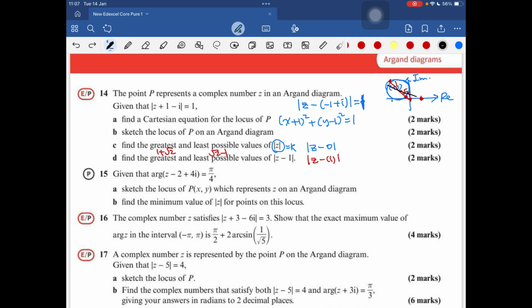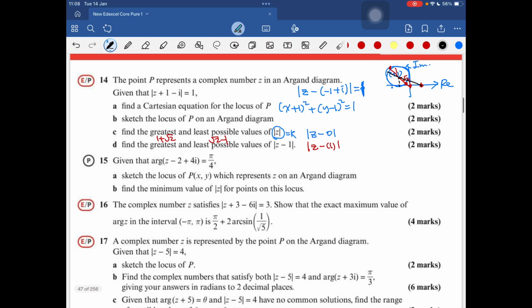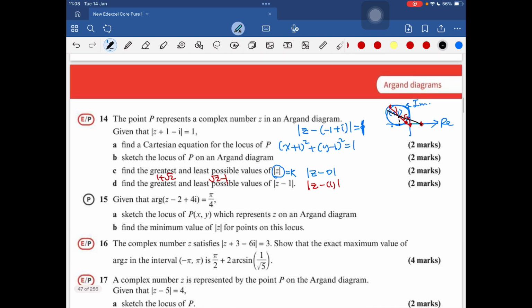So we can make it like this. From here, this is 2 and 1, so this is square root of 5. So the greatest is square root of 5 plus 1, and least is square root of 5 minus 1, because it should be here and here.